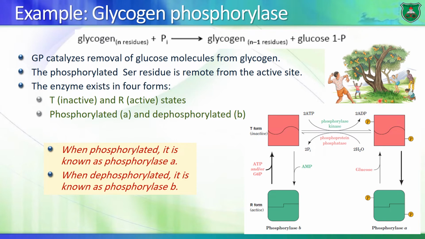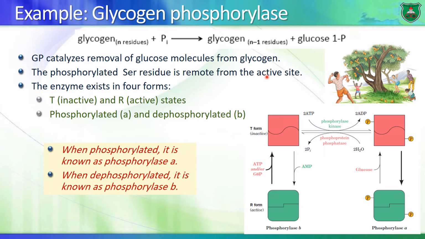That's how I imagine it happening. So glycogen phosphorylase catalyzes removal of glucose molecules from glycogen, and a serine residue gets phosphorylated, which is away from the active site, but it influences the shape of the active site.